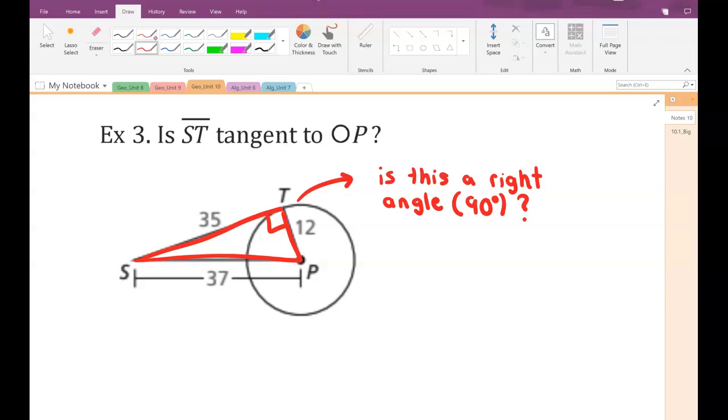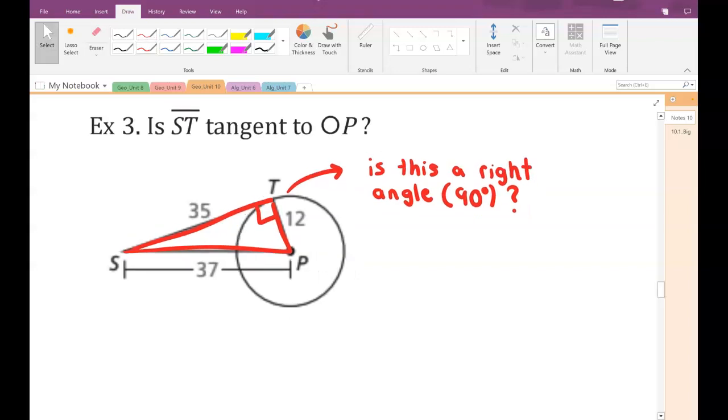So we can use one of our Pythagorean theorems to say, well, if the squared of our legs squared together are equal to our hypotenuse squared, then it's a right triangle, which means that has one right angle at that point. So we know we can check, does 35 squared plus 12 squared equal 37 squared? We're kind of asking ourselves, is this true?